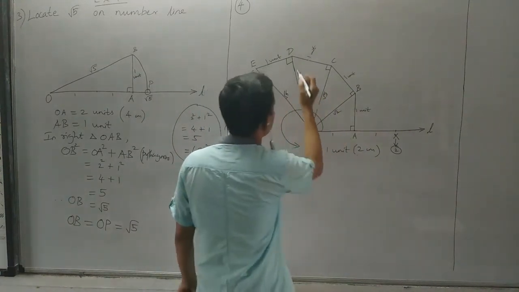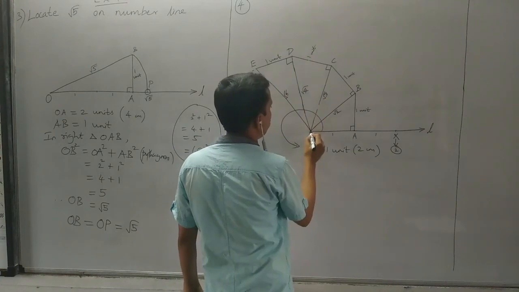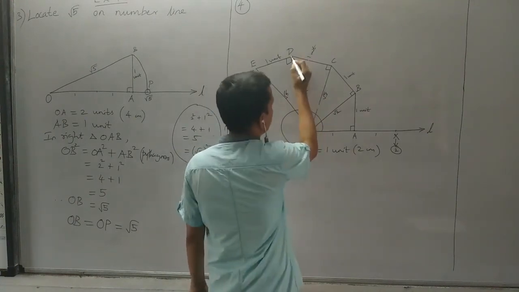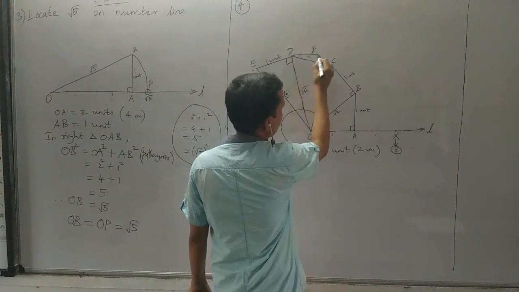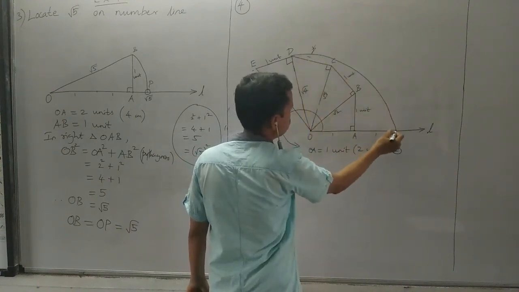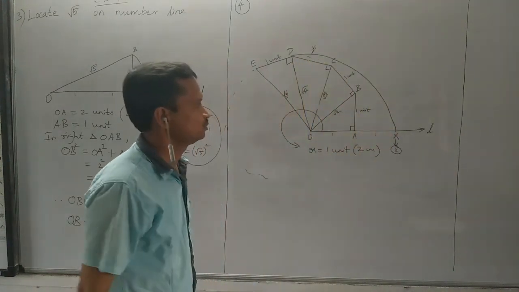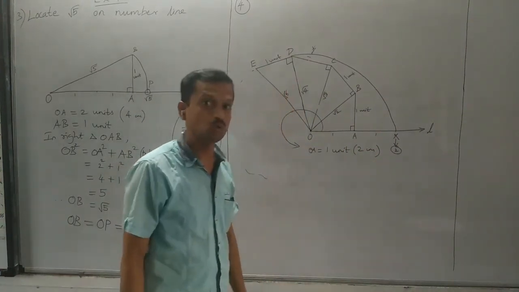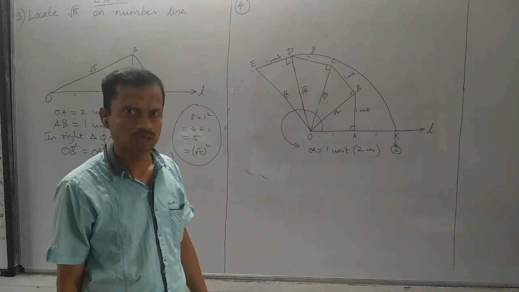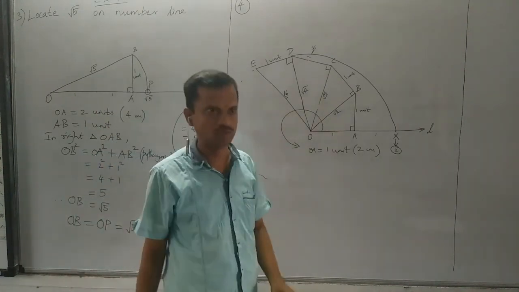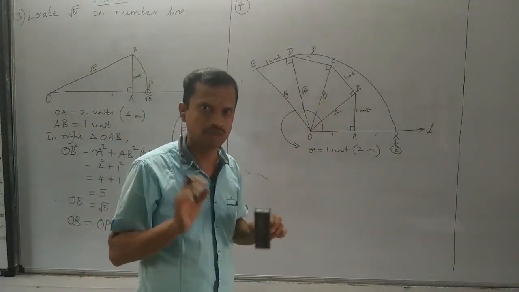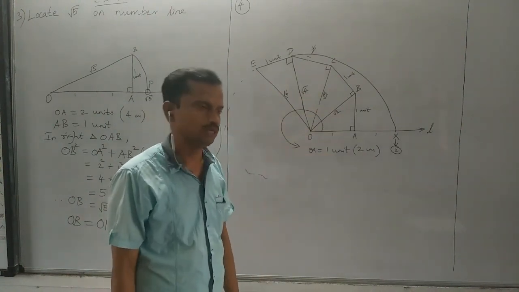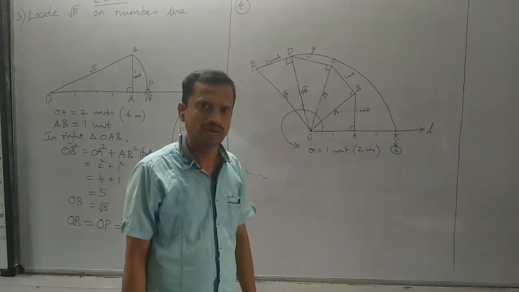Therefore, when root 4 comes, if you take OD as radius and O as center and draw an arc, it will definitely touch here. So from OX you get 2 units. Definitely it will touch. It will come clear. If you do it correctly, you will definitely get the correct answer. Thank you, children. Keep on practicing.